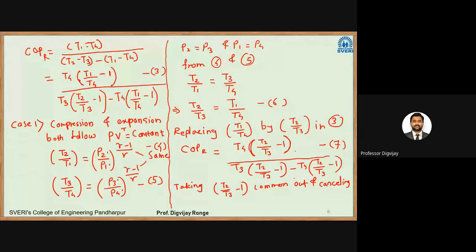When I take it outside, these two terms in the numerator and denominator cancel out, and what we get here is COP of the refrigerator is equal to T4 divided by (T3 minus T4). Let us say this is expression number 8.